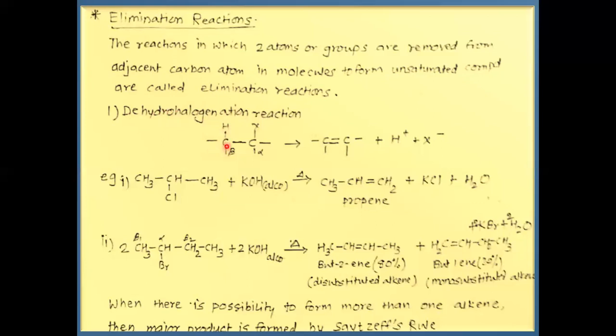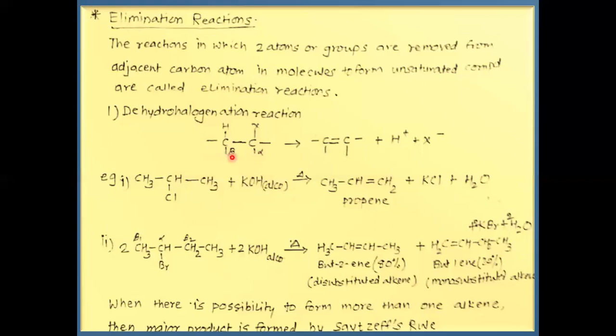The alpha carbon is the one to which the halogen atom is attached, and the carbon adjacent to this is called the beta carbon.